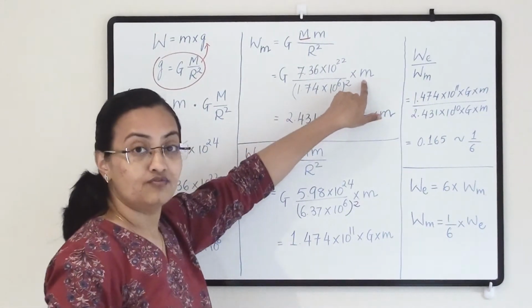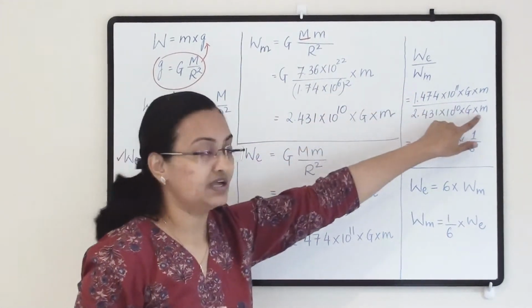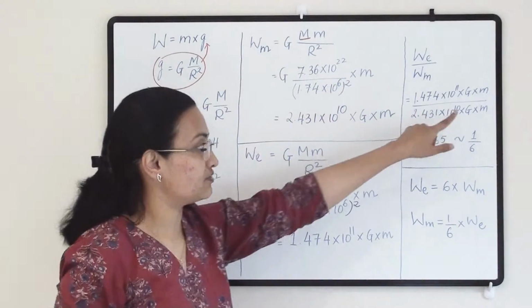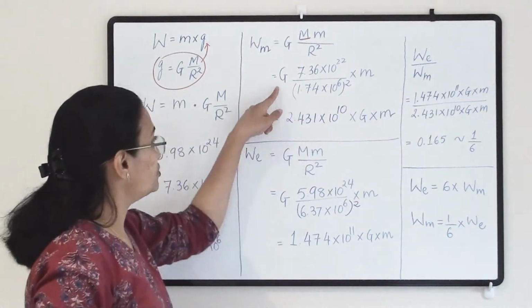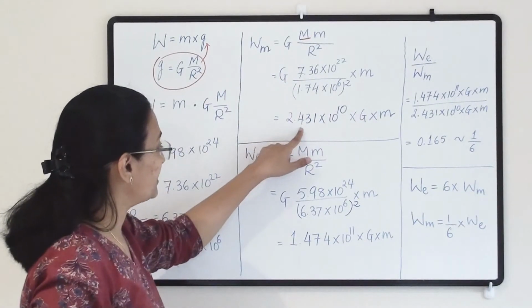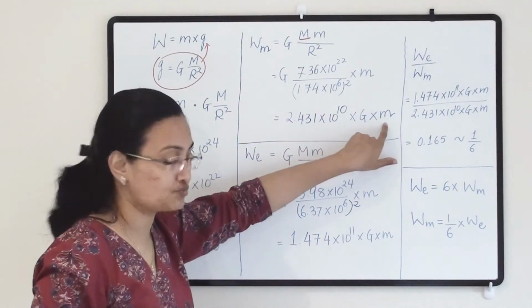Small m we are keeping as it is because later on it will be eliminated, and g also we are keeping as it is because it will be eliminated. So we get 2.431 into 10 raised to 10, capital G into small m.